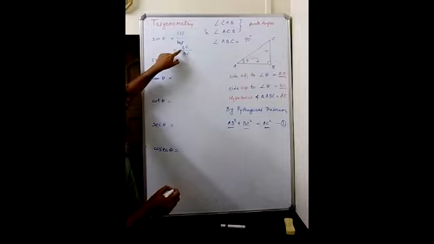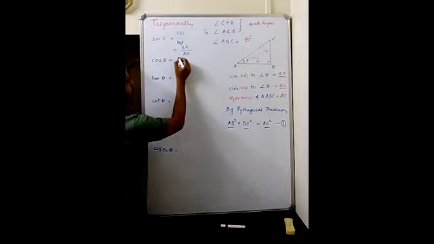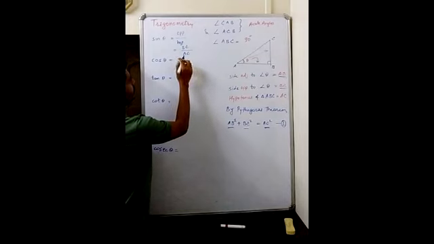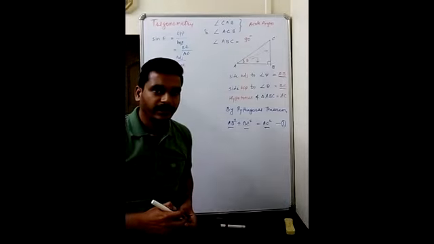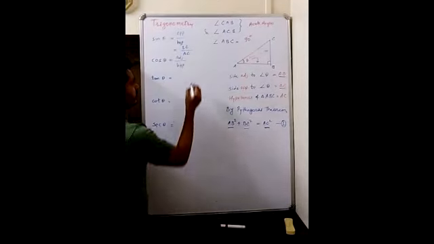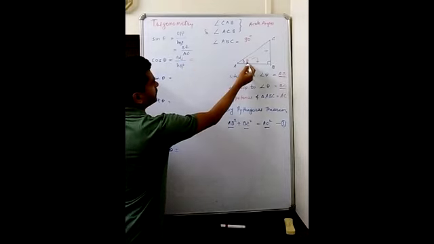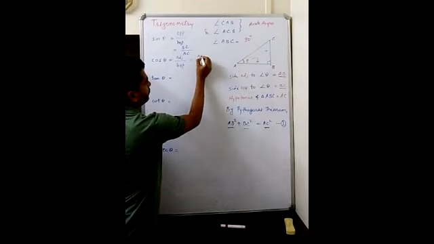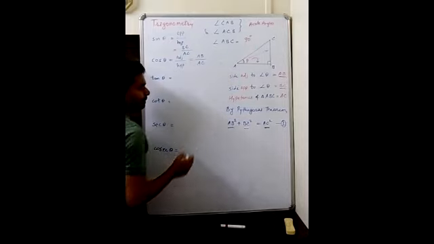So this is our sine theta ratio. Then we can go for the next, that is the cosine ratio. The cosine ratio is adjacent divided by hypotenuse, the adjacent side to the angle theta and the hypotenuse of the triangle. So the adjacent side of this theta is AB divided by the hypotenuse AC.